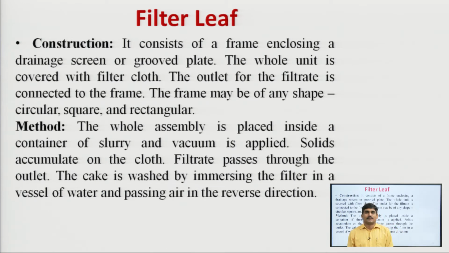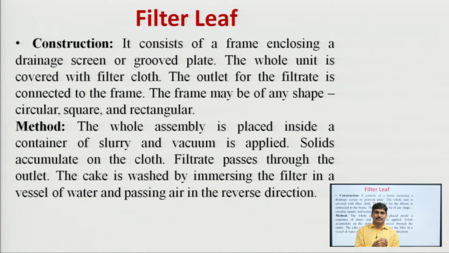Method: the whole assembly, that is the filter leaf assembly. How we are using this? We are placing this filter assembly inside a container of slurry, and vacuum is applied onto this slurry.